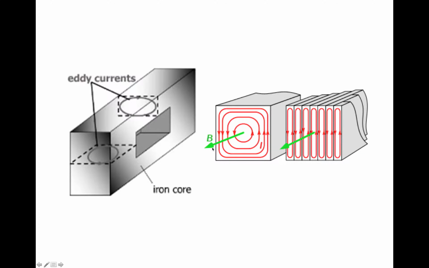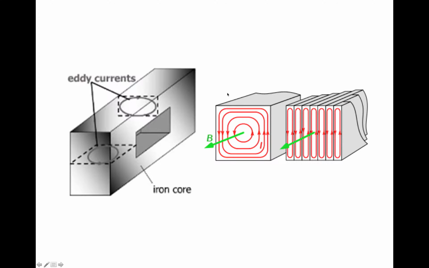Then the eddy current is going to go around these red circles. That's the induced eddy current inside of the transformer core. That's what the eddy current is going to look like. And this eddy current is going to dissipate power, right?